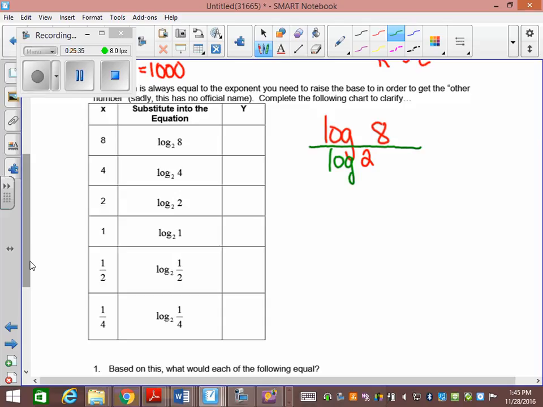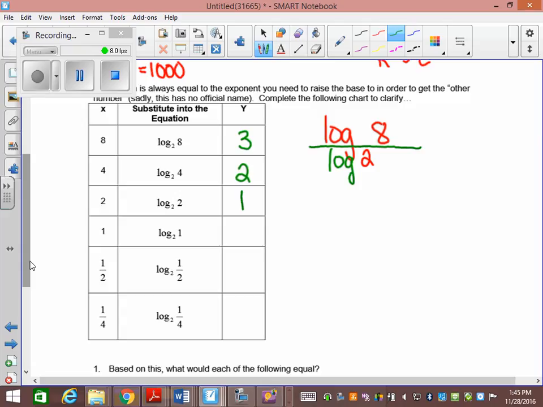It's 3. What's this one going to be? Log what divided by what? It's going to be log 4 divided by log 2. What do you get? 2. What's log 2 divided by log 2? 1.